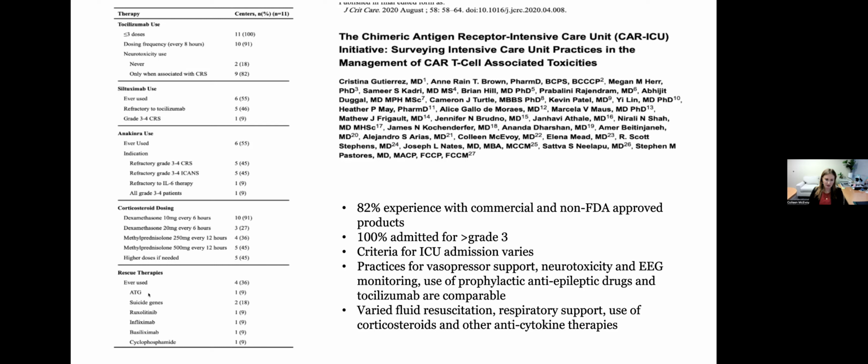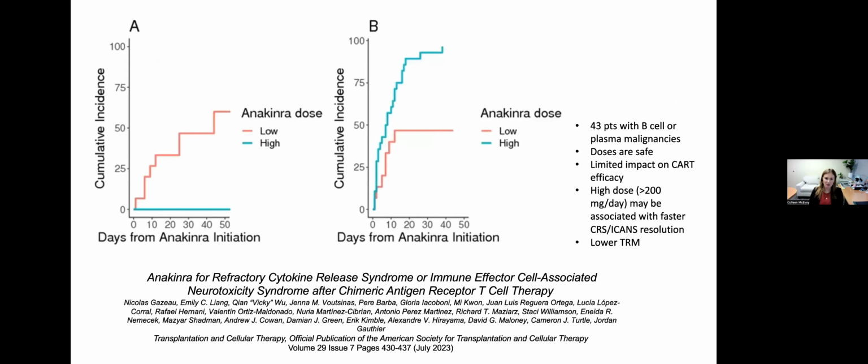The other rescue therapies, so ATG and suicide genes, are typically in clinical trials. And then if we look at ruxolitinib, a JAK inhibitor, infliximab, basiliximab and cyclophosphamide have also been used. Anakinra was used in about 55% of patients, and I'll give you a little bit more. This is not a significant number, just 6, but there is another study looking at 43 patients that used anakinra for prolonged CRS or ICANS, and they looked at the difference between low and high dose.